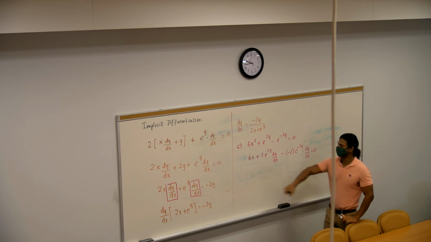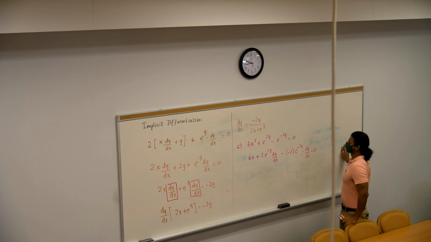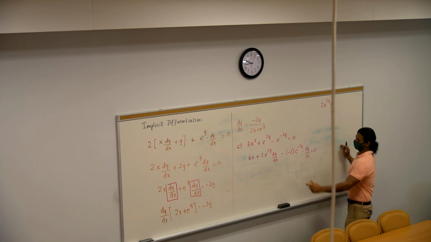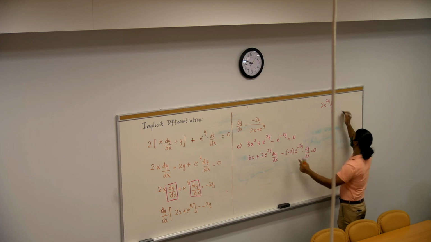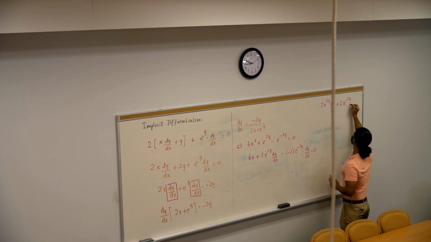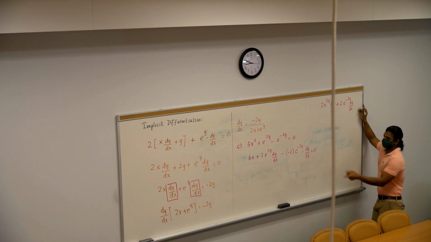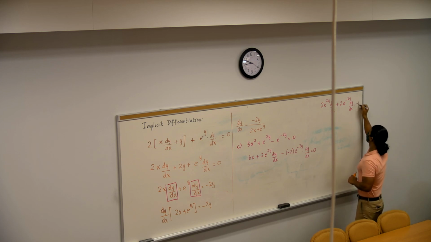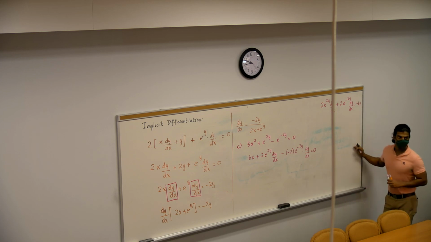So the first step is to move 6x to the other side. Negative times negative is positive 2. If 6x moves to the other side, it becomes negative 6x.